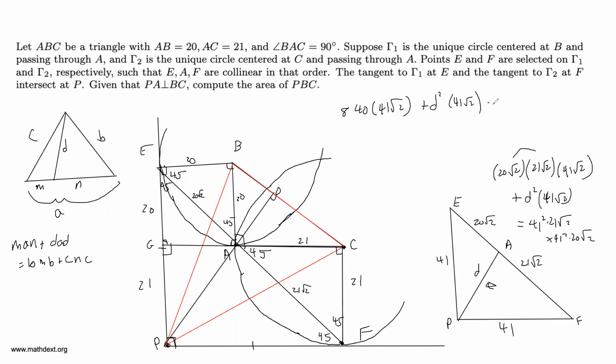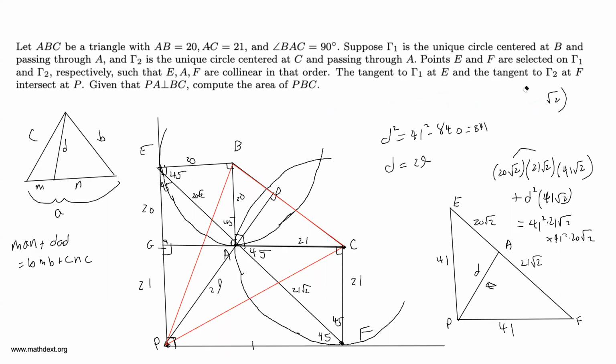We can factor out a 41 squared times 21 root 2 plus 20 root 2, which is 41 root 2 as well. So we can cancel 41 root 2 out from both sides. You get D squared equals 41 squared minus 840. This is going to be 841. So D squared is 841. If you take the square root of 841, you get 29. So PA is 29. Now we're almost done.